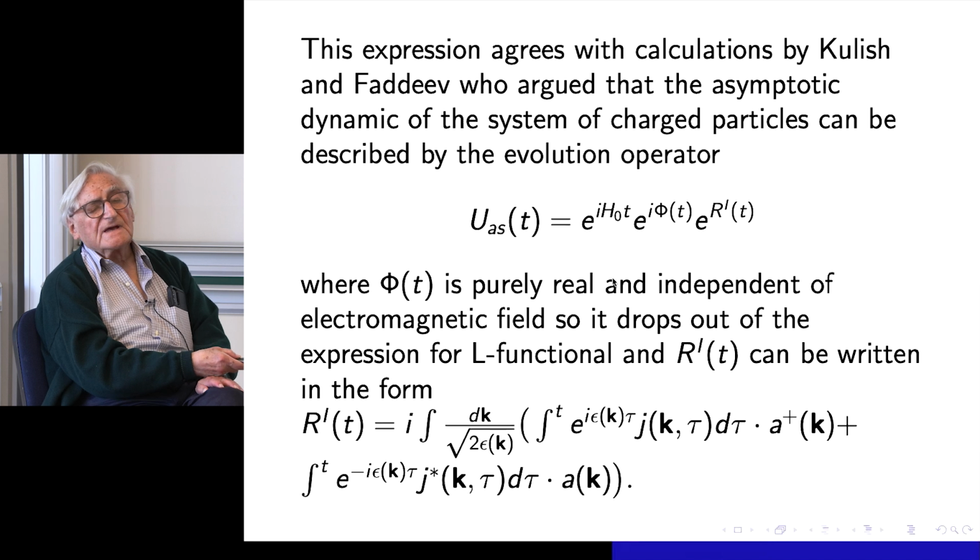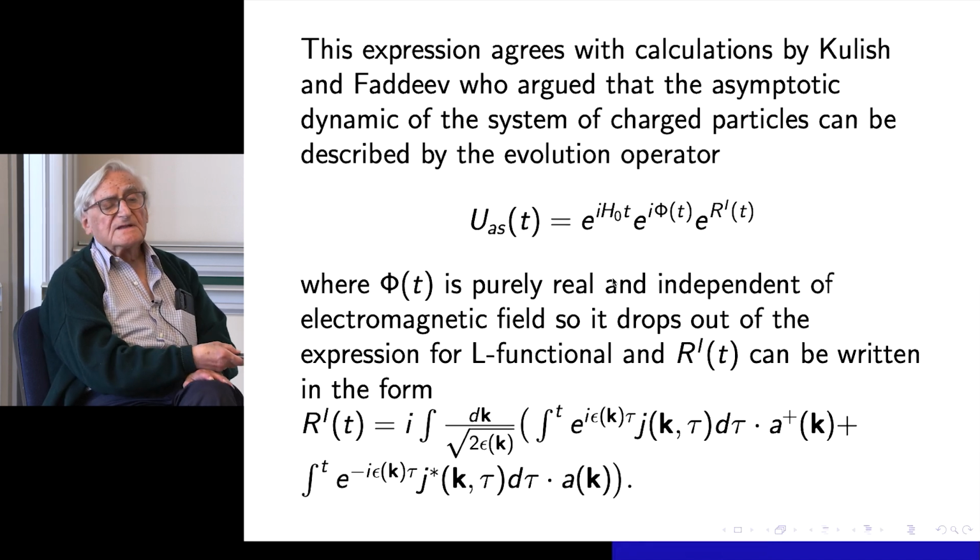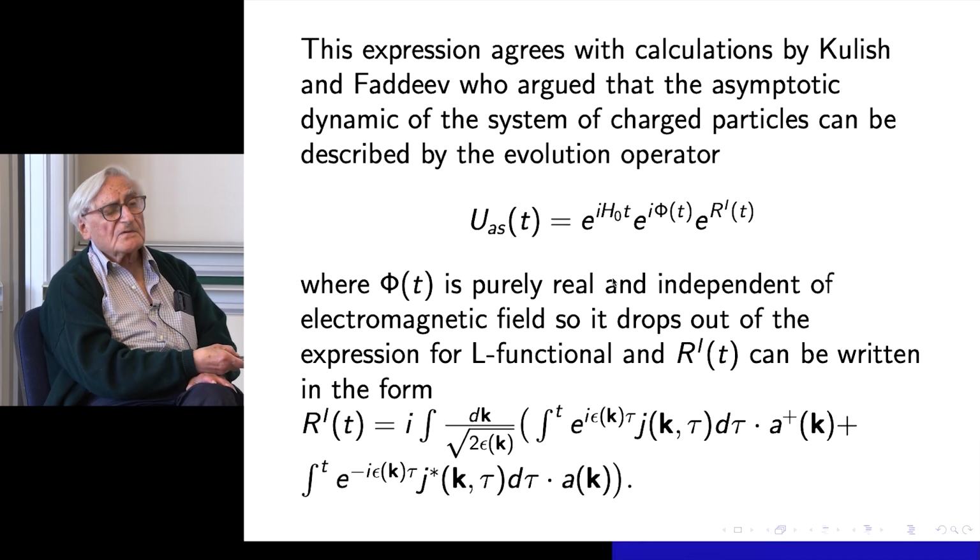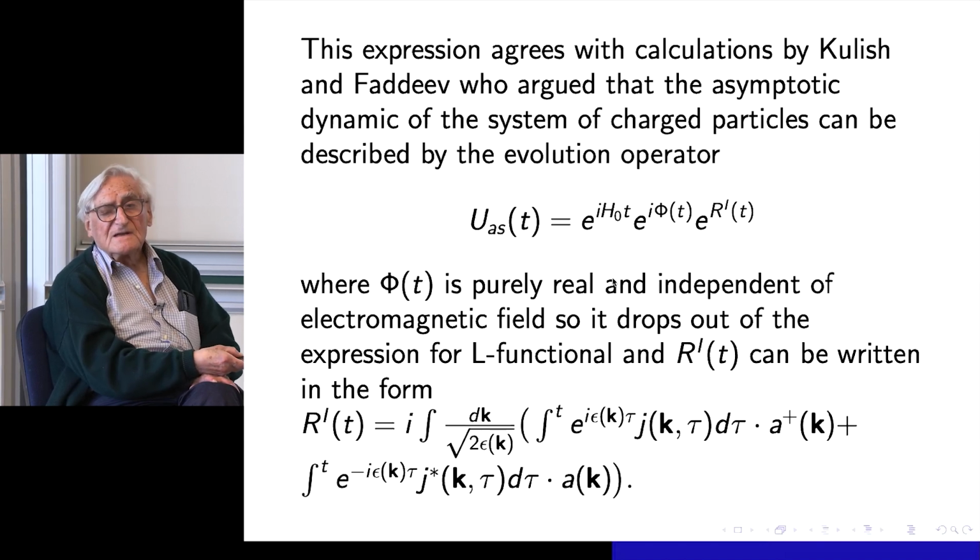They realized that to have good formulas for scattering of electrons, you should first of all dress them. And so this formula that I obtained in this very simple way is in agreement with the Kulish-Faddeev picture.